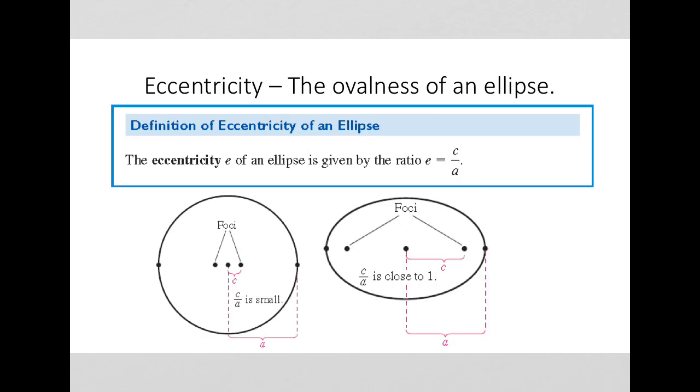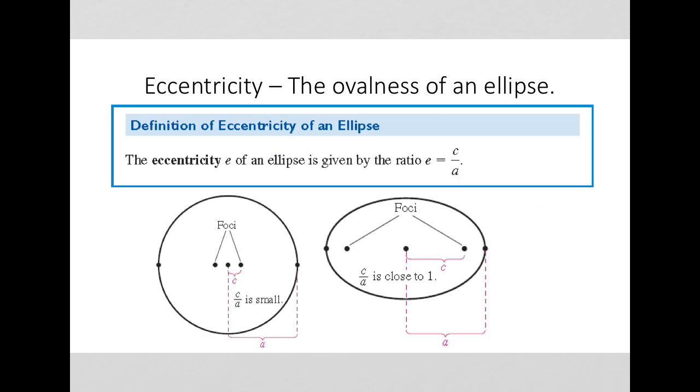So think of, again, the eccentricity as describing how far from a circle it is. If it's a circle, the eccentricity would be 0, and a bigger number would get you farther and farther away from a circle, more elongated like the one on the right. Eventually, as you get bigger and bigger, the foci will move out from the center and get closer and closer to the vertices.